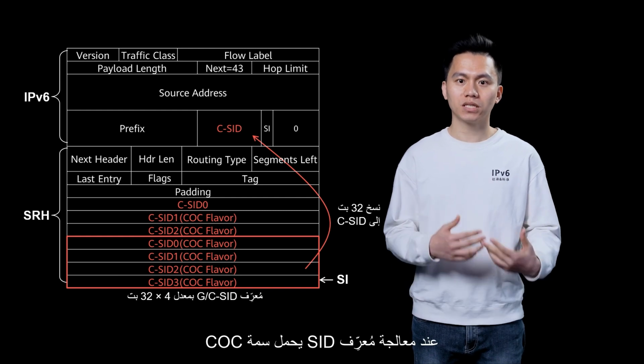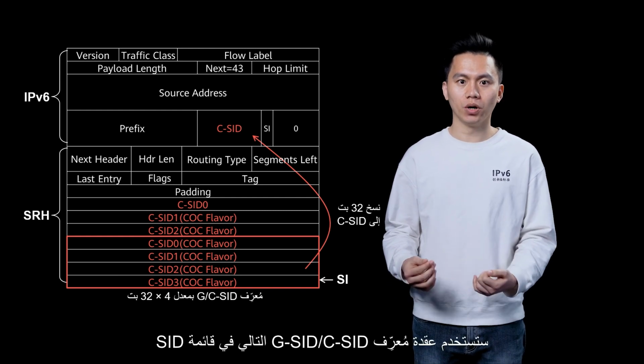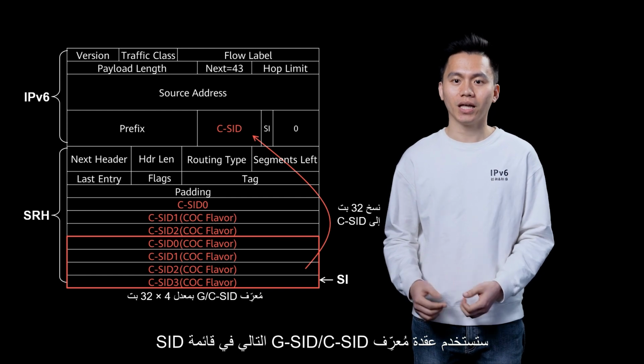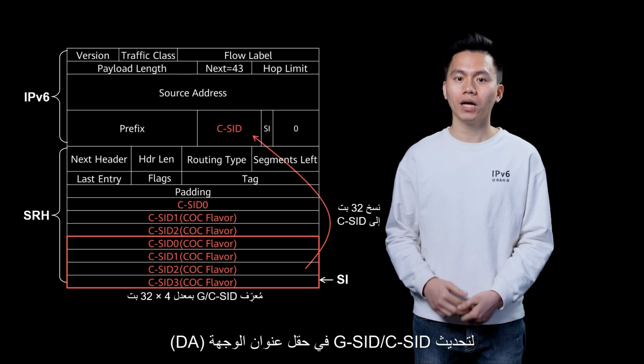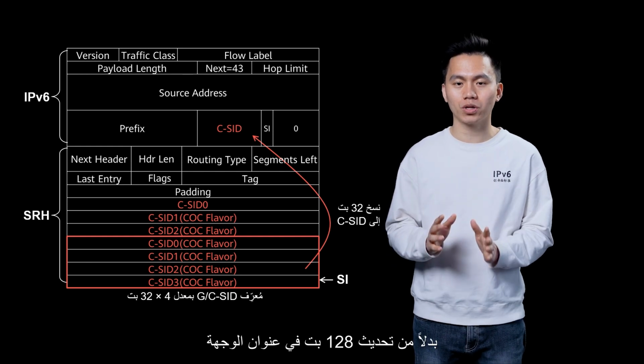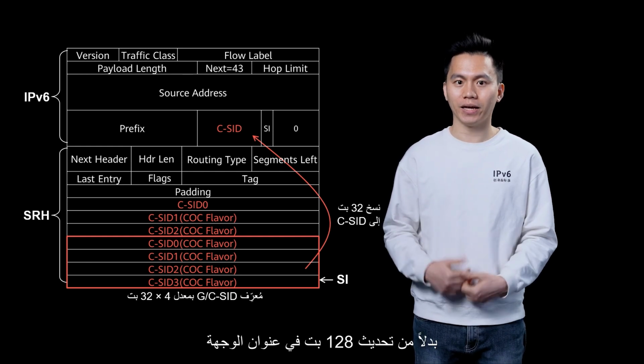When processing a SID with the CoC flavor, a node will use the next C-SID in the SID list to update the C-SID in the destination address field, instead of updating the 128 bits in the DA as in normal SRv6 processing.